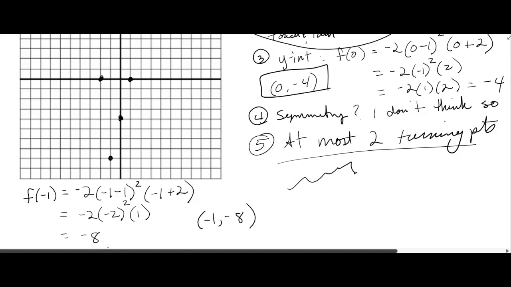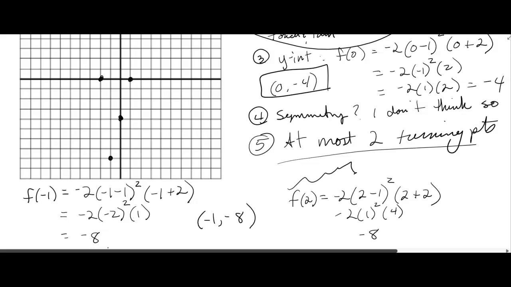Now, why did I choose to find another point? Well, it seemed kind of in the ballpark, so why not. I could find more points if I wanted to. Maybe another good one would be f of 2. See what happens there. There's no guarantee that it's going to work out great, but let's see. So -2 times 1 squared, which is just going to be 1, times 4.